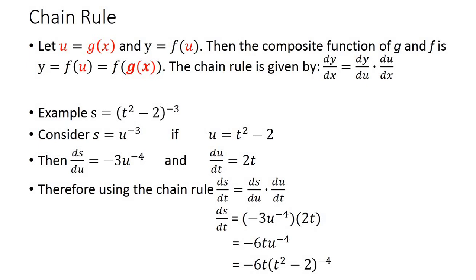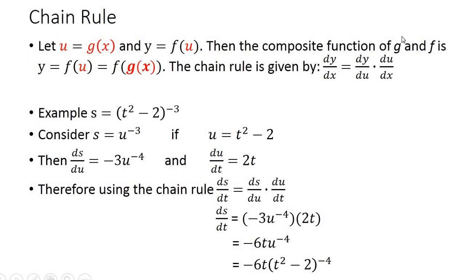How about the chain rule? For the chain rule, this is a function inside another function. For example, if you have got u, which is given by g of x, and y, which is given by f of u, and remember u is another function.